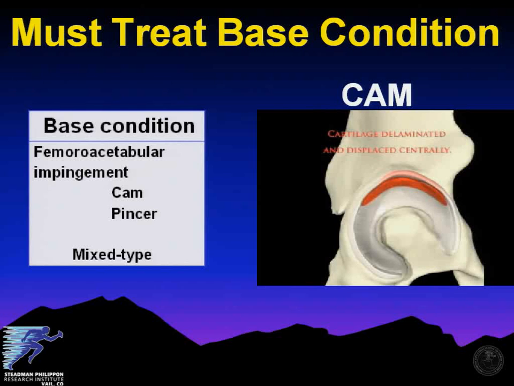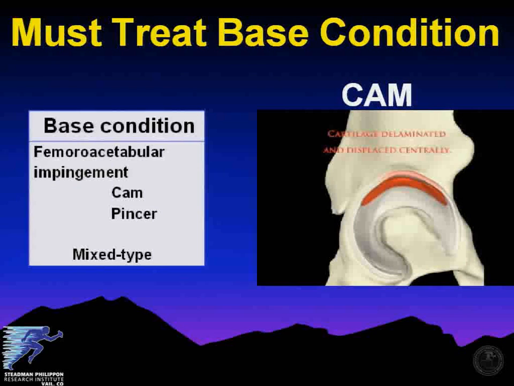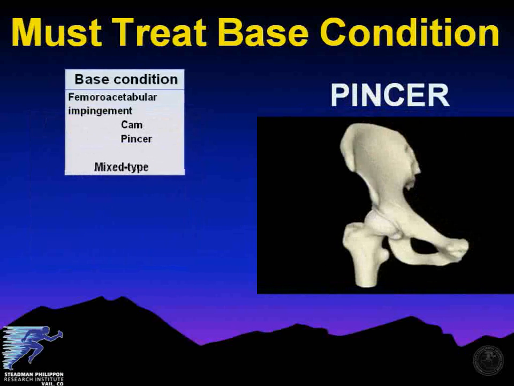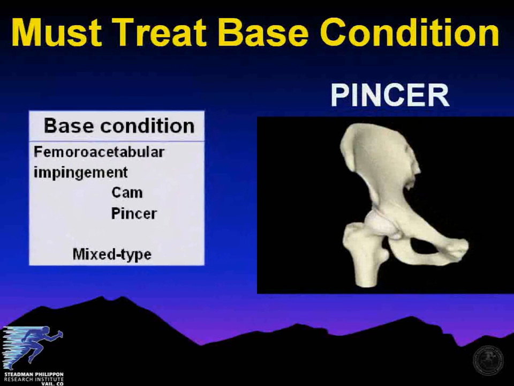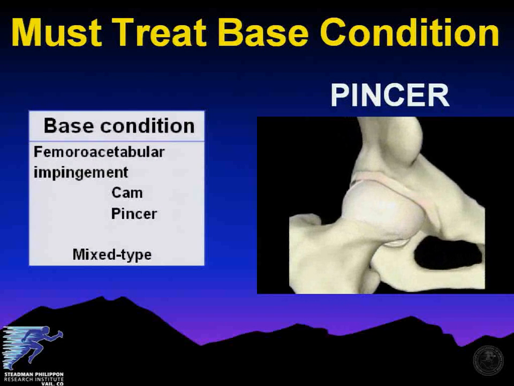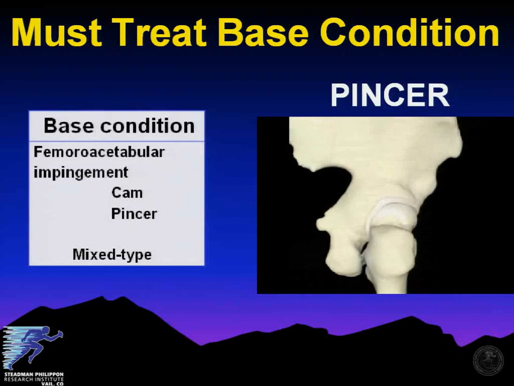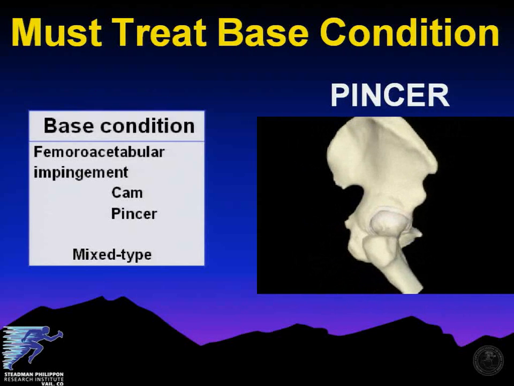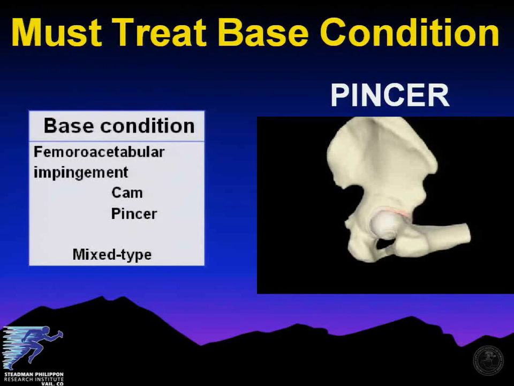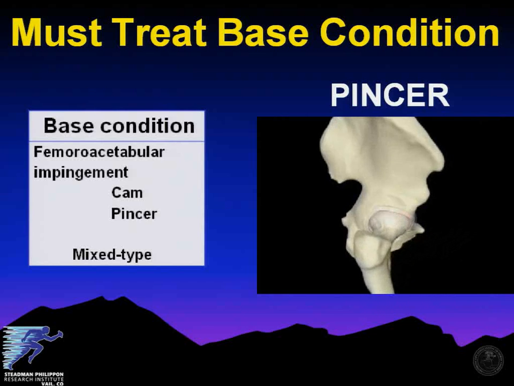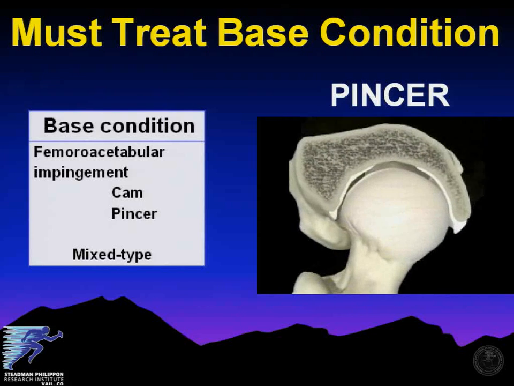As far as the pincer, the next slide, the pincer, you have a similar situation. The labrum is also damaged. However, the conflict is different here. The conflict is the neck abutting the overcoverage, and it's more of a squeezing effect of the labrum being squeezed.